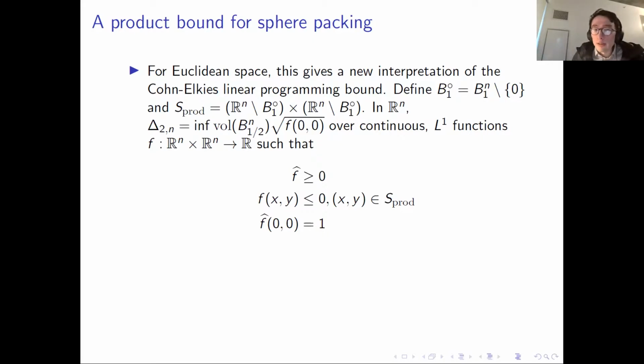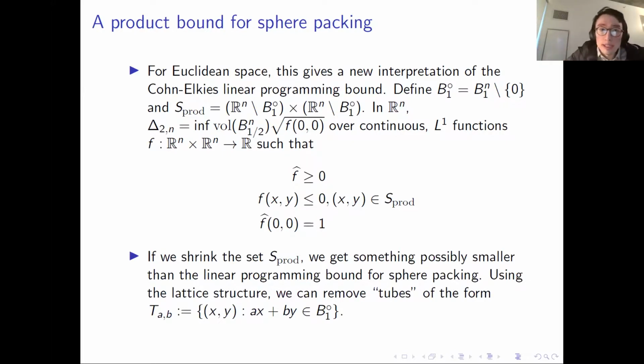But now the region where the function values have to be non-positive is a different region. You have R^n cross R^n minus 2 tubes where you're allowed to be positive. Some sort of tube along the x-axis and tube along the y-axis is maybe the picture that I have as a cartoon in my mind.